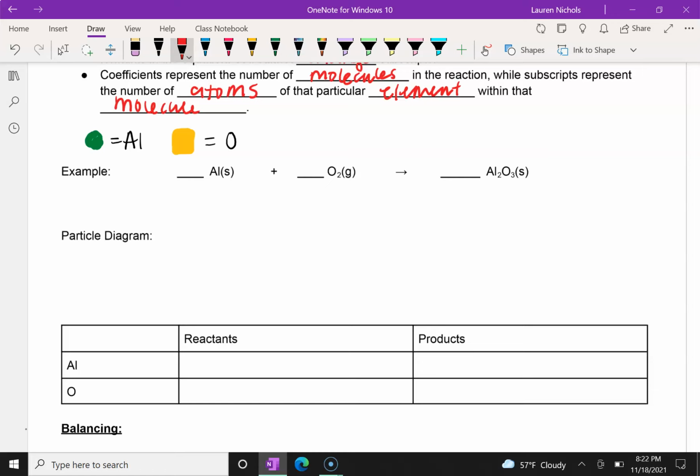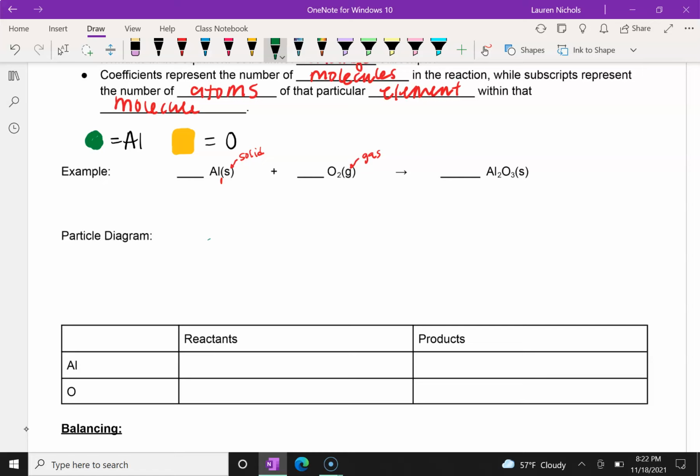Now here, remember this S in parentheses means that the aluminum is a solid, and the G means that the oxygen is a gas. So those are not elements on the periodic table that we're looking for. Here we just have aluminum, which is going to have a subscript 1 that chemists are kind of lazy about.